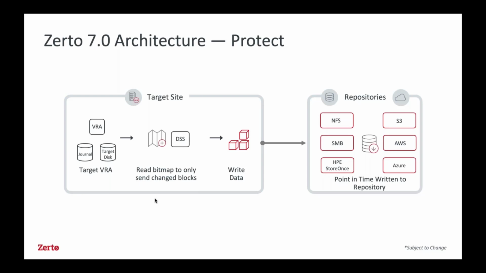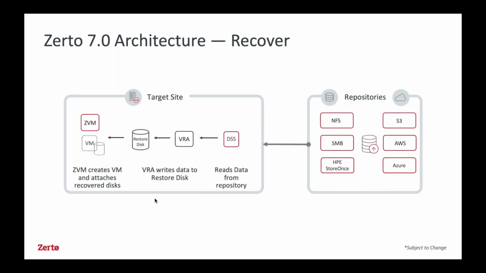On the next slide, we'll talk about the recovery workflow. So what actually happens is, it's quite easy. We have the metadata. We know exactly which data belongs to a point in time on that repository. We simply take that metadata, find all the blocks we need to recover, simply read those blocks from the repository, and use our VRA to write them to the restore disk.